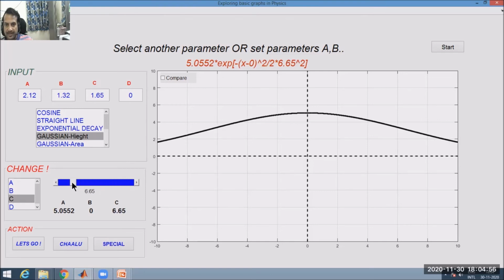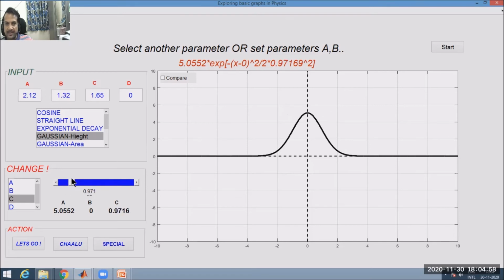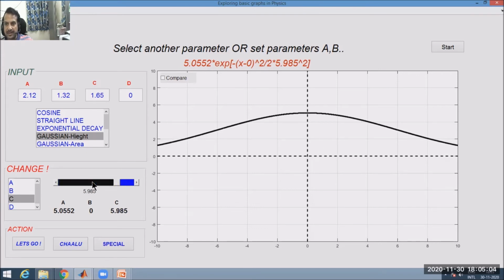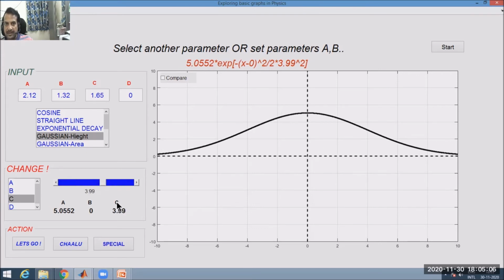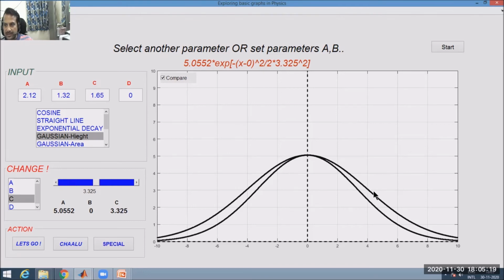Now let us observe this effect in the superimpose mode. That will be interesting. This time, let me decrease the parameter. This function was with 4, and this is with 3.325.